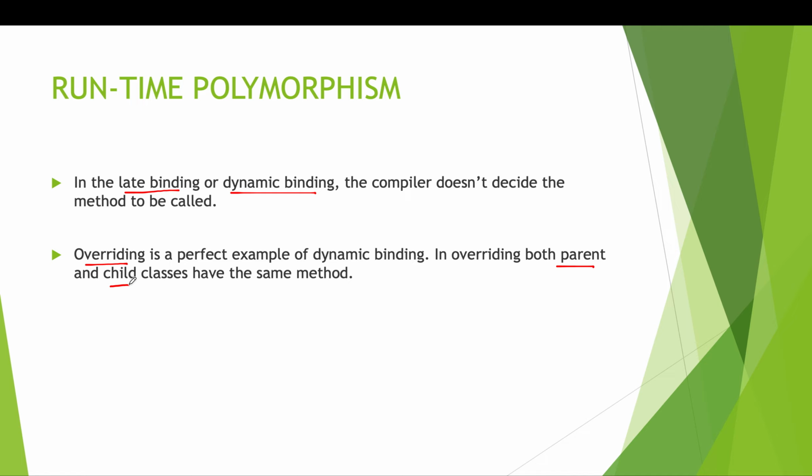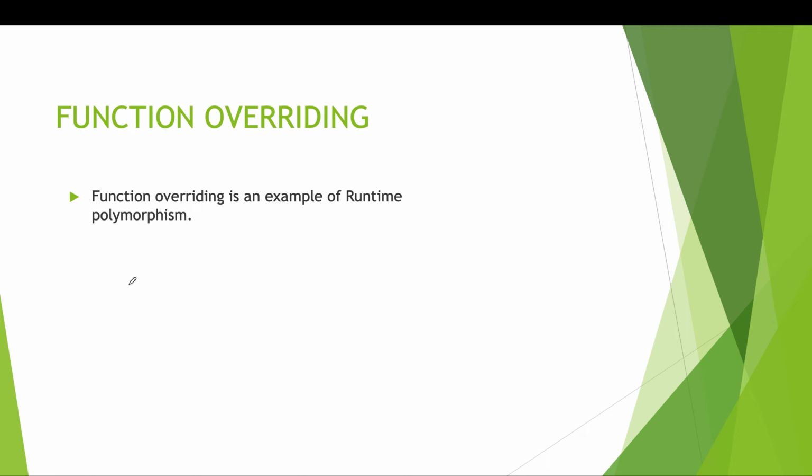Now there is a function with the same name in the parent class as well as the child class. Then how will it be decided which of the two functions is going to be executed? That we will see in the concept of function overriding.